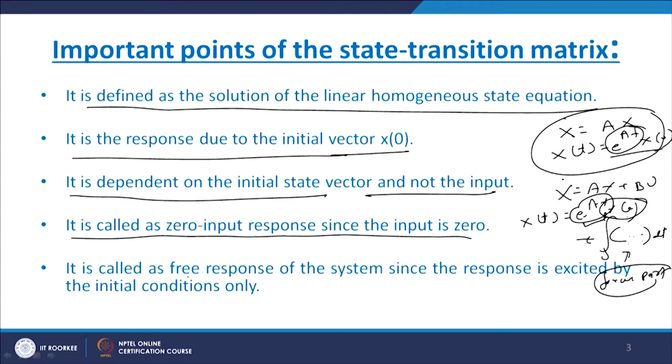It is called a free response of the system, since the response is excited by the initial condition only. Due to the initial conditions the state has been transferred, and that is called the state transition matrix.